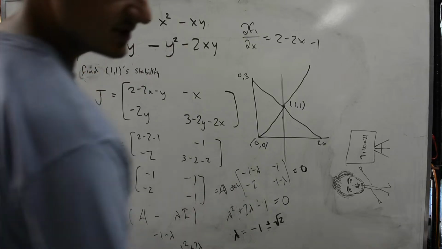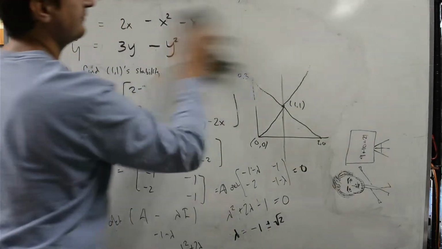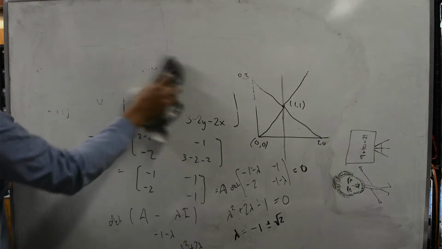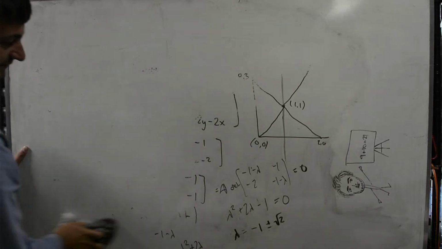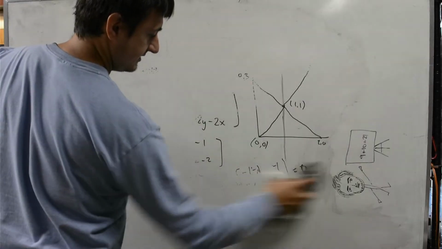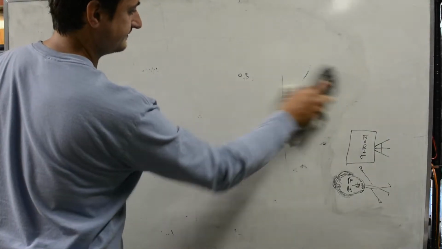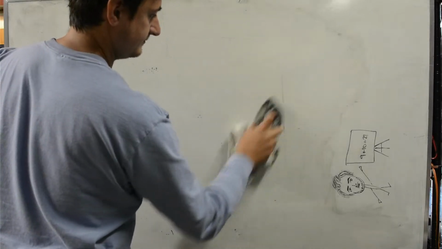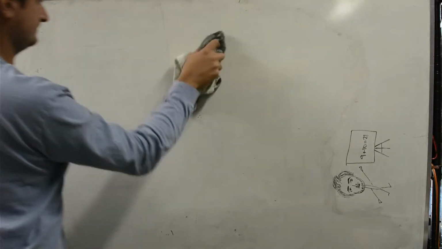So this was stability of an equilibrium point, stability of a fixed point for a system. I don't know enough linear algebra to understand those eigenvector things, though. Okay.